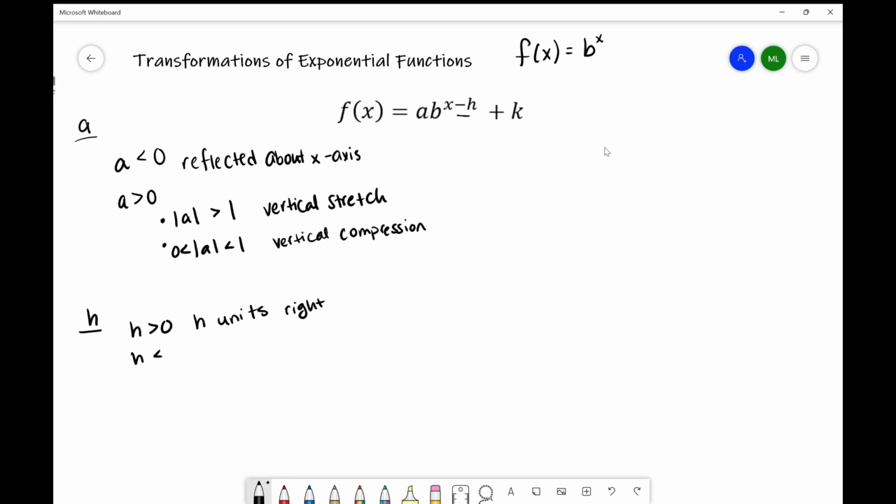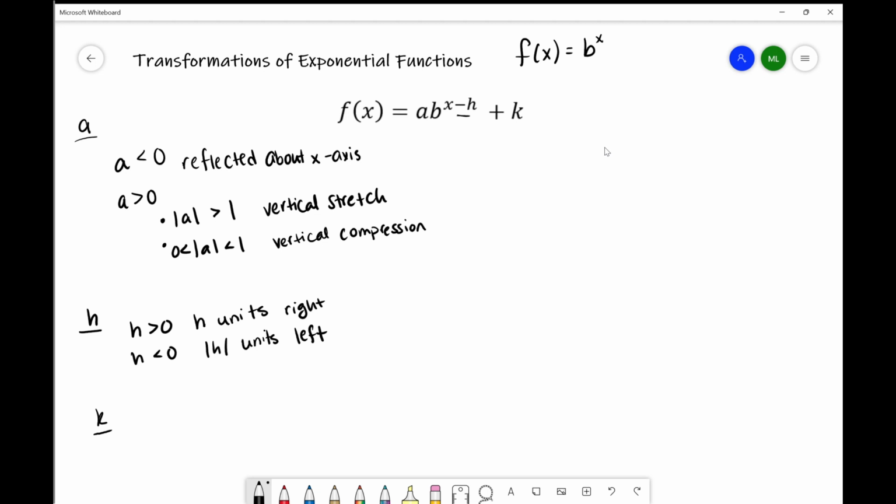Now if h is less than 0, I'm going to take the absolute value of h, because that's how many units I'm going to move to the left. Okay, so this is h, and now let's talk about k. K is one of my favorites because it's easy to see.